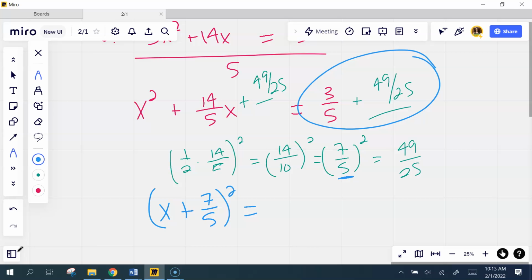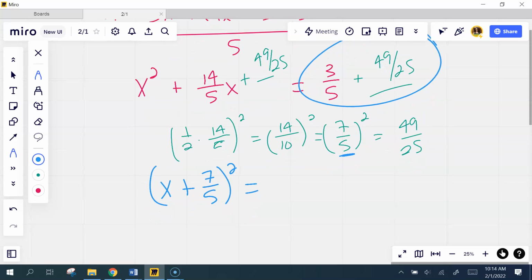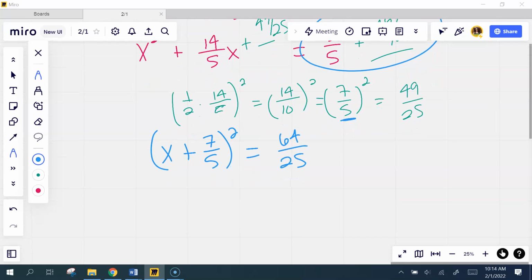Enter math, enter, and I get 64 over 25, which seems terrible, but both 64 and 25 are perfect squares. So when I square root, what's the square root of 64 over 25? 8 over 5. So I've got plus or minus 8/5.